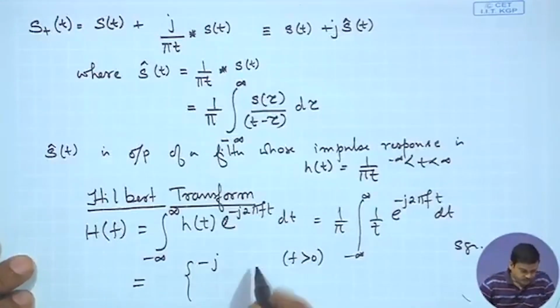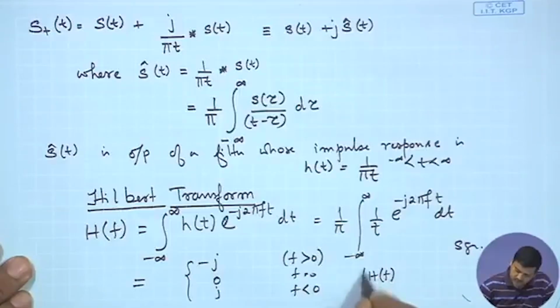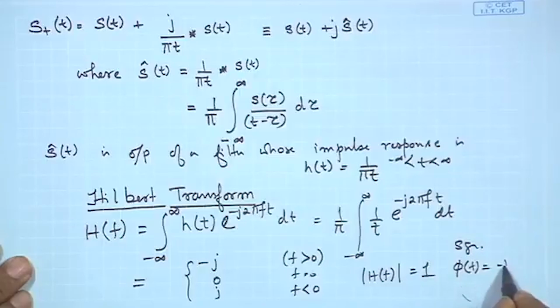So, it equals minus j for f greater than 0, it is 0 for f equals 0, and it is j for f less than 0, and the mod value of h of f is equal to 1, and phi of f is equal to minus pi by 2 for f greater than 0 and pi by 2 for f less than 0.